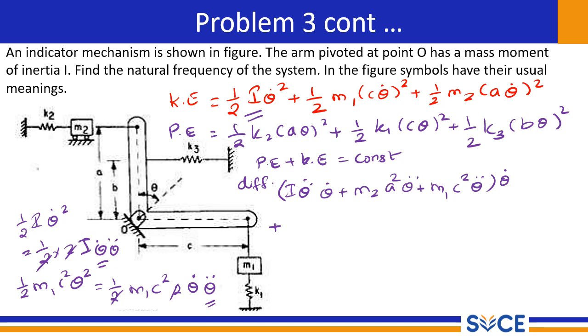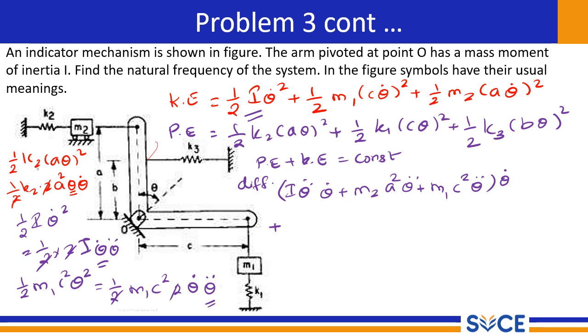Once again, for half k2 a theta square, the 2 will come outside, a square, then theta will be there. Since the displacement is differentiated with respect to time, we get velocity here once again, so the 2 will get cancelled.